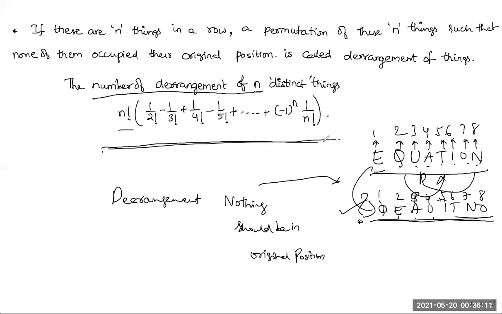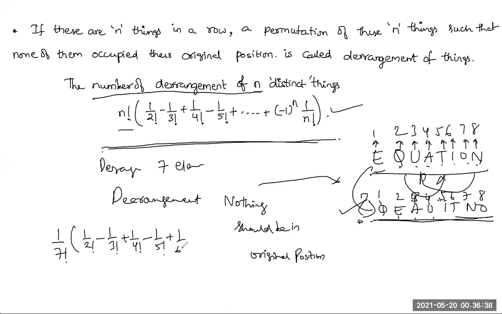If any of you want it, I'll make a separate video for that, but it should be fair enough and easy to memorize, so that whenever an objective question comes, like a derangement of 7 elements, you can directly apply 7 factorial into 1 by 2 factorial minus 1 by 3 factorial plus 1 by 4 factorial minus 1 by 5 factorial plus 1 by 6 factorial minus 1 by 7 factorial. So you can solve this, right? Okay.